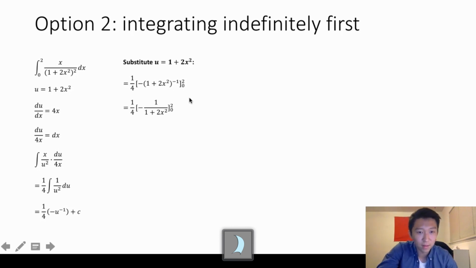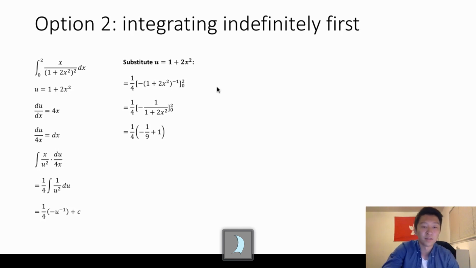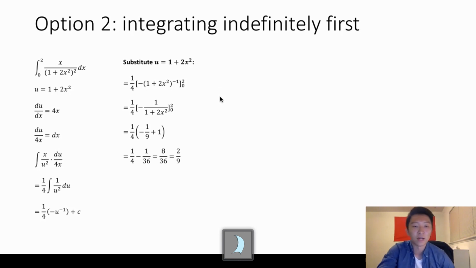Anything to the power of -1 is just 1 over that thing, so 1 over 1 plus 2x squared. Then you evaluate this like any other definite integral from 0 to 2. You plug the 2 in and the 0 in to get 1/4 of (-1/9 plus 1), which is the same as before, and equals 2 over 9.